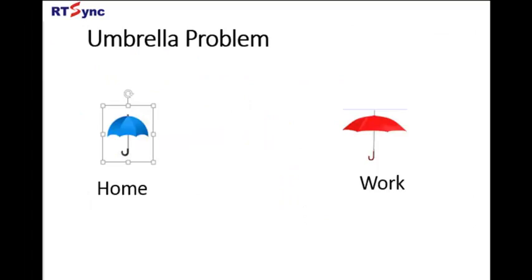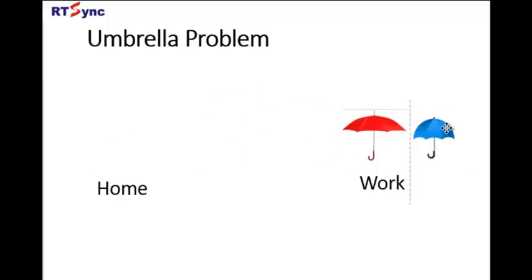In the umbrella problem, a professor has two umbrellas, one at home and one at work. When it rains, and she has an umbrella at home, she takes it with her and naturally protects herself against the rain. But then she may leave it at work.